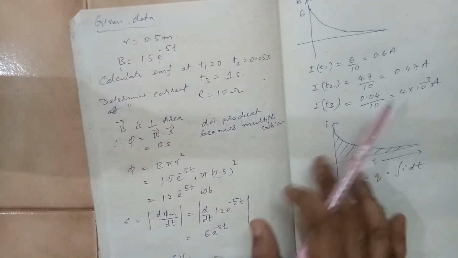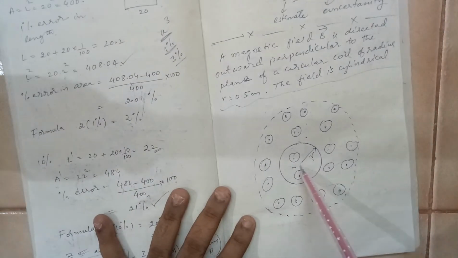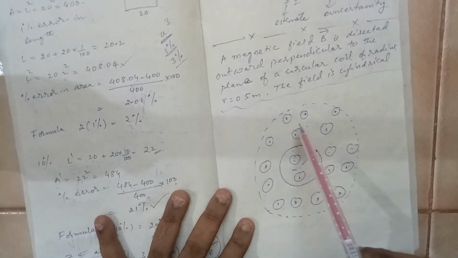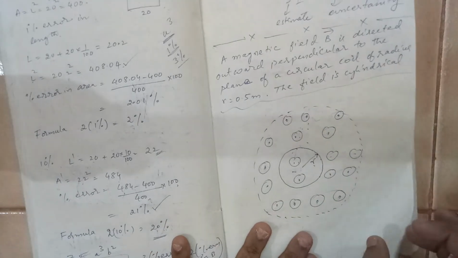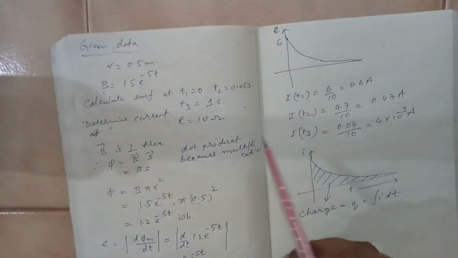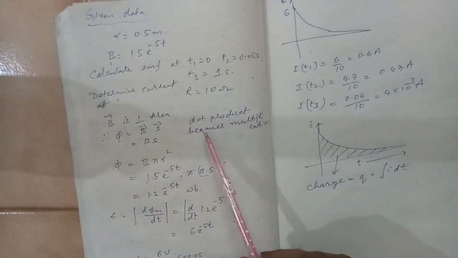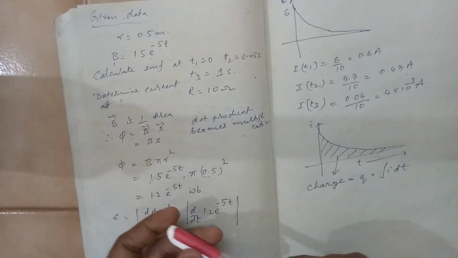Now if you can see this diagram, this area vector and this B field are perpendicular. In that situation this dot product becomes a multiplication. We are trying to find the magnetic flux.